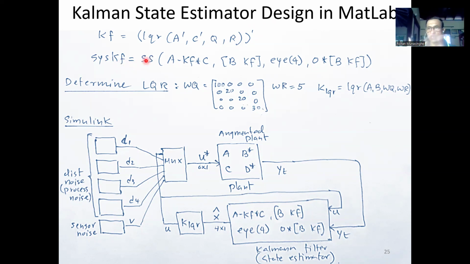You generate the state space using these arguments: A minus KFC, then B, KF, identity matrix of size 4 by 4, and this is 0 times. There's no logical explanation behind this. Once you know these matrices, you combine them together in this format and generate the state space model.